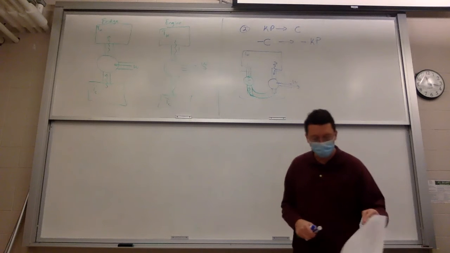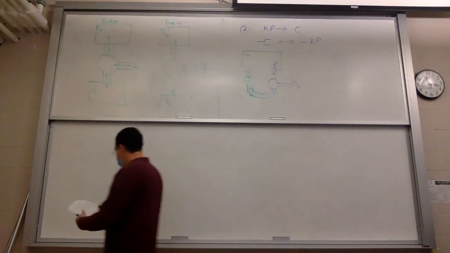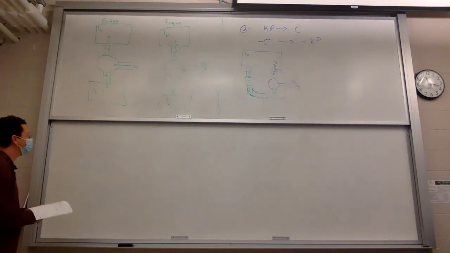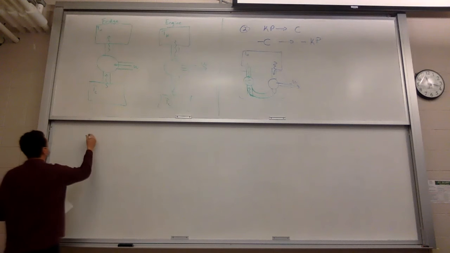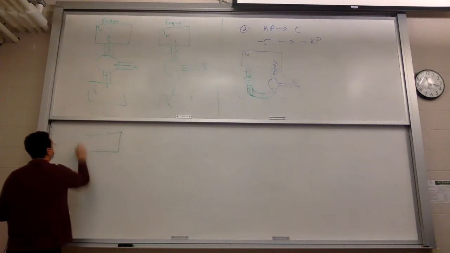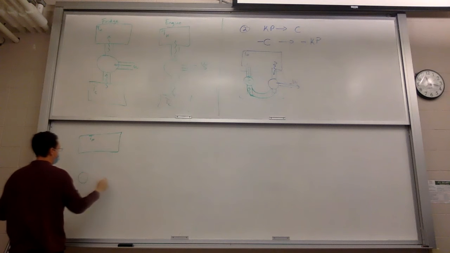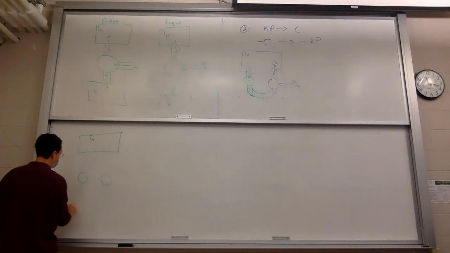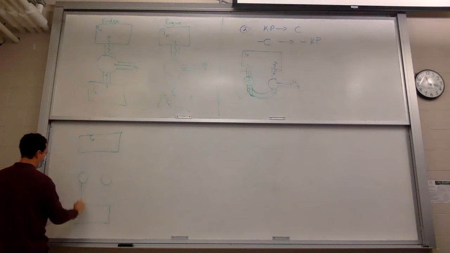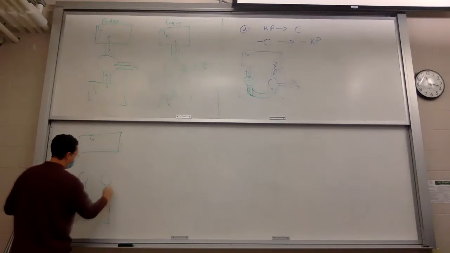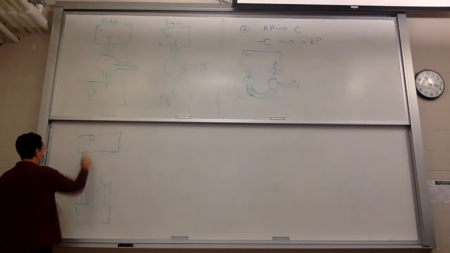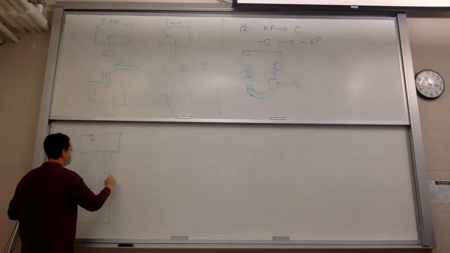So what I'm going to do is start with these two cycles, and I'm going to couple them to the same reservoirs. I want to assume that there are two different efficiencies.